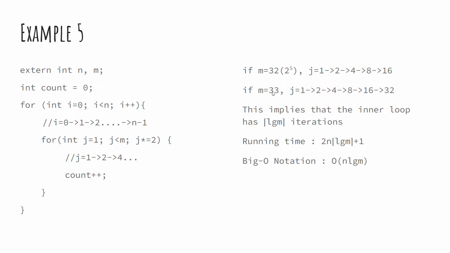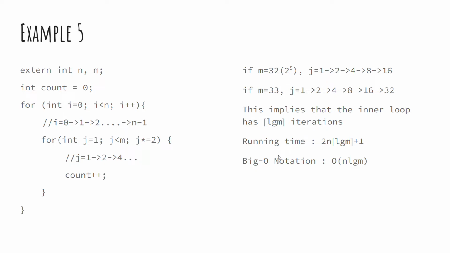But when we take m equal to 33, we'll notice that j goes from 1 to 2, then 4, 8, 16, and then it also iterates when j equals 32, because 32 would in this case be less than 33. So what this implies is that the inner for loop has the ceiling function of log m iterations, because in the case of 33 there were 6 iterations, while in the case of 32 we got just 5 iterations.